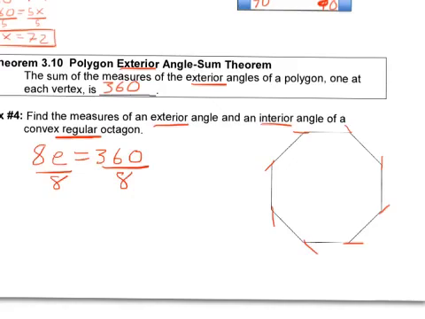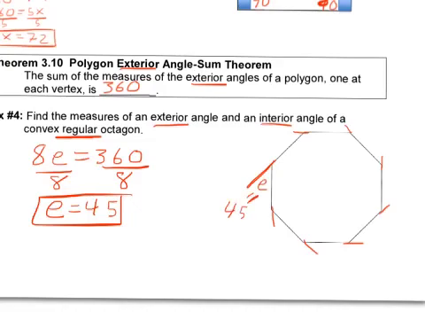360 divided by 8. Let's see, I'm putting that in my calculator because I don't know it off the top of my head. It's 45, so E equals 45. There you go. So there's the exterior angle. This guy right here is 45 degrees. Well, let's think about that. Since an exterior angle is just the extension of a side, that means the interior angle and this angle have to add up to 180.